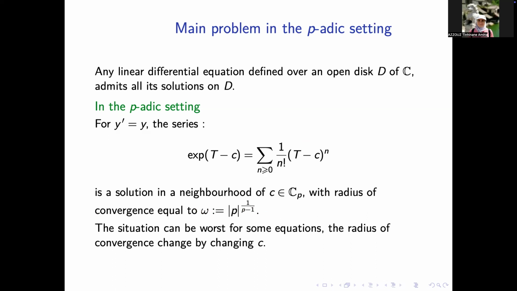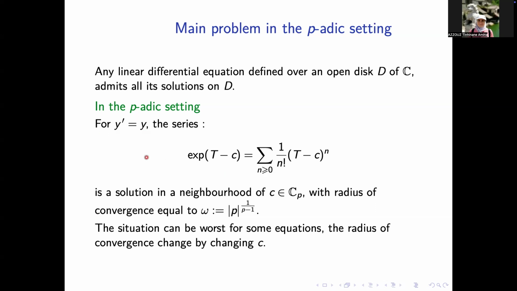There is also something strange in the p-adic setting. The radius of convergence cannot be maximal. And the thing is that if I change the point continuously, let's say, then the radius of convergence is not necessarily the same.